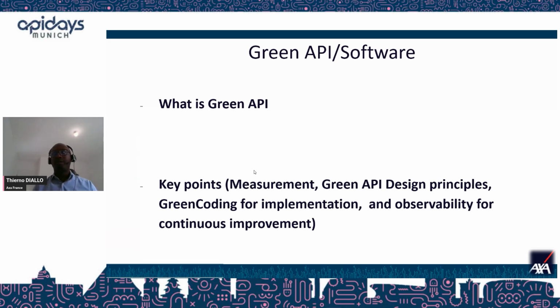journey of Green API, how to design, how to find the best principles to design APIs, and when it comes to implementation, how to leverage clean coding principles and patterns to implement our APIs in a very energy efficient way, and the importance of observability and continuous improvement when it comes to the sustainability journey.